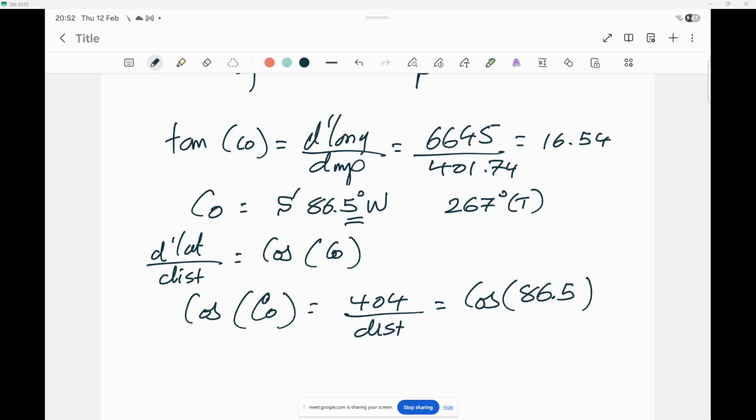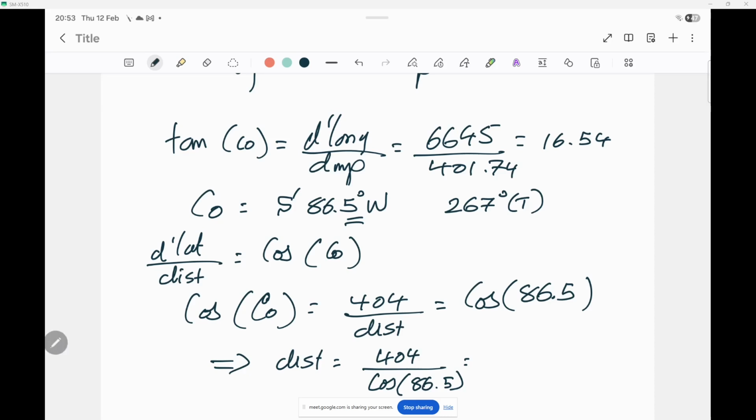So in that case, distance is equals to 404 divided by cos 86.5 degrees, right? So 404 divided by cos 86.5, which is the distance is coming here.